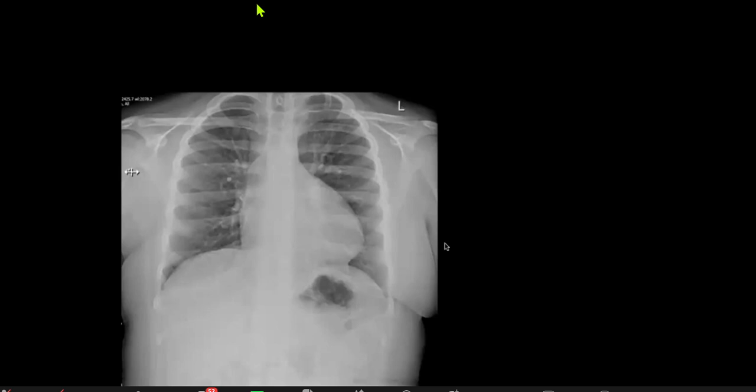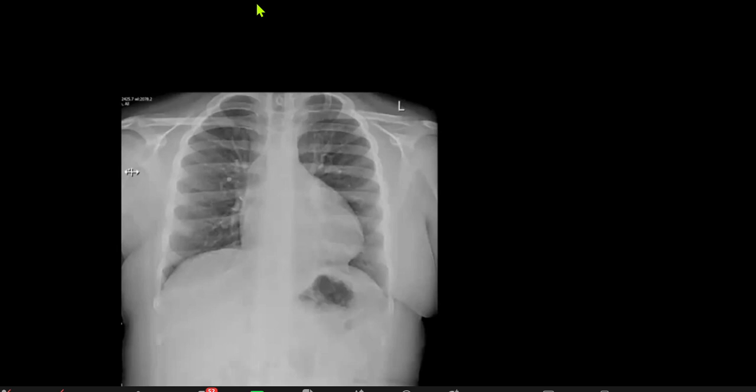In terms of heart size, there's mild cardiomegaly with elevation of the cardiac apex. Pulmonary vascularity is increased. The ribs and sternum are unremarkable. So in summary, increased pulmonary vascularity with probably right ventricular hypertrophy.